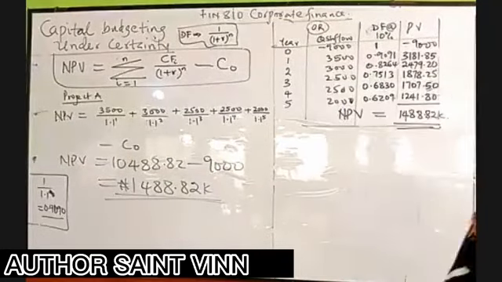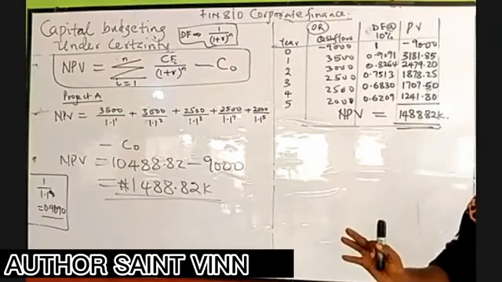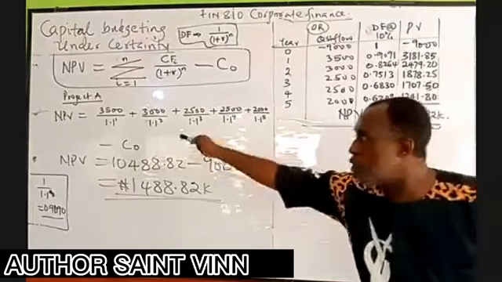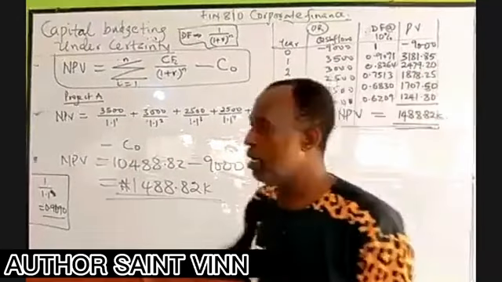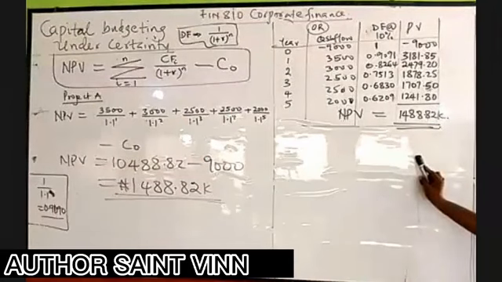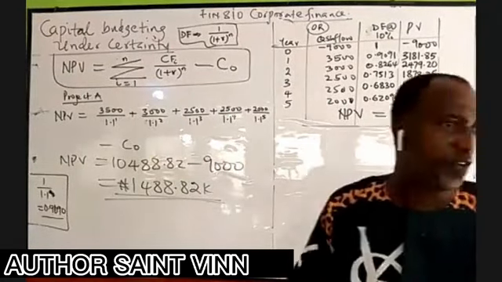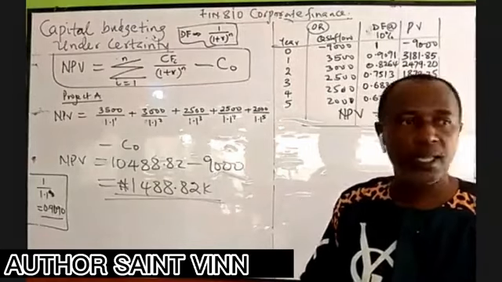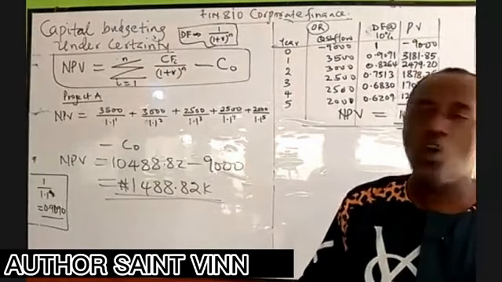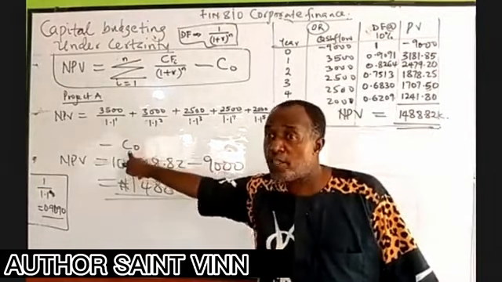So NPV for project A, how positive is it? What we did now, we do it to project B. Can you help? Either you use this or you use this. The choice is yours. The first figure there, CO for that one is 8240.